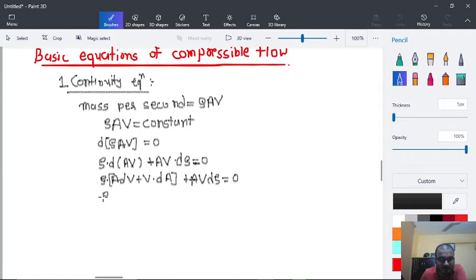So rho A dV plus rho V dA plus AV d rho is equal to 0.